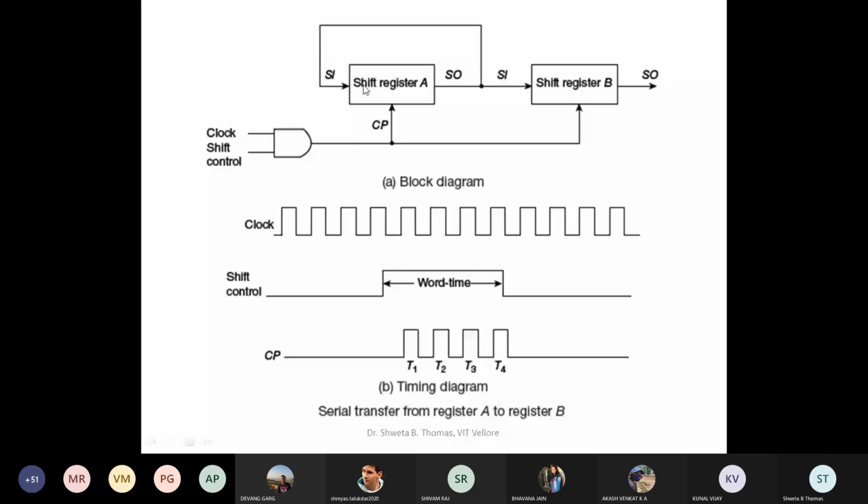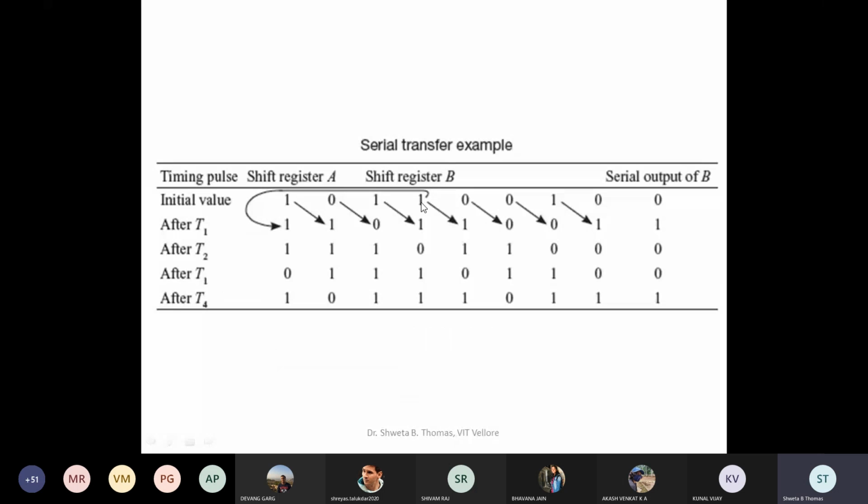Then this 1 is transferred to B, and this way it goes on. After T1, you just see the values 1101 and 1001. Then the second one is transferred at T2. Again it will go like this, and this condition will repeat again and again till T4.